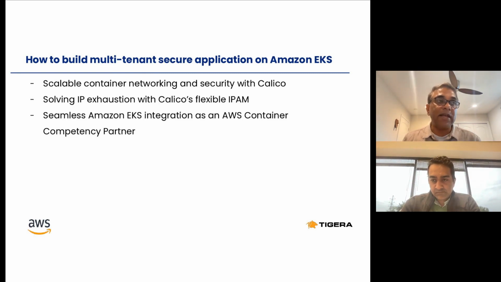The AWS CNI can also be tweaked and customized for certain scenarios to address IP exhaustion, but that doesn't make sense for everybody. I've seen a bunch of questions here about IPv4 versus IPv6, messing around with prefixes and all of that. It may fit the needs for some people.